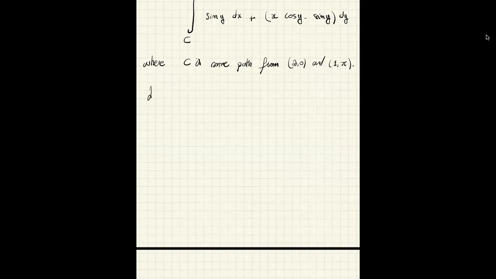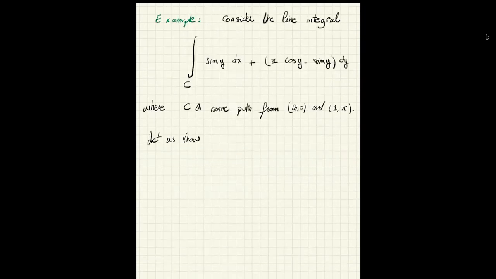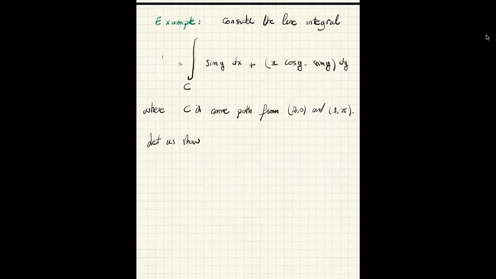So what you need to do is show that, let me call this one L, that L does not depend on the path C. Okay, so how do you do that?